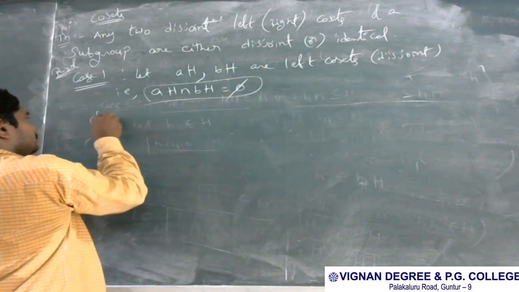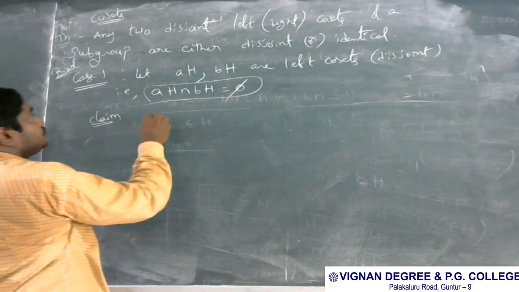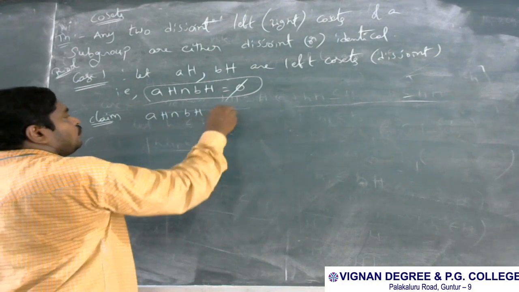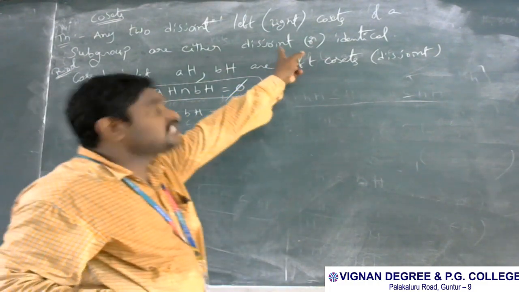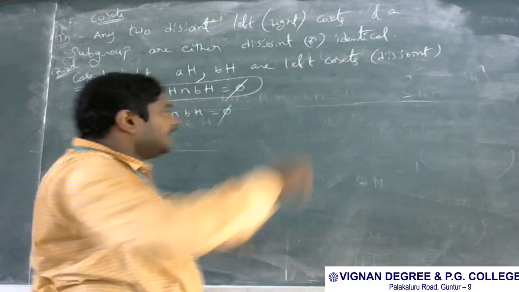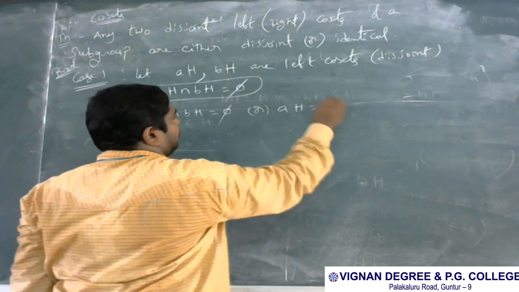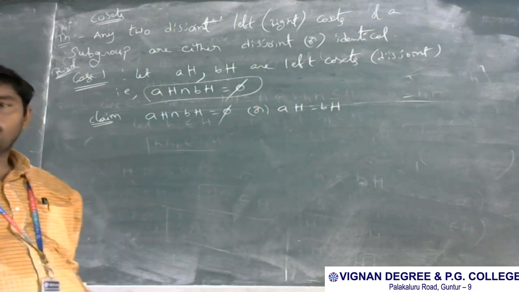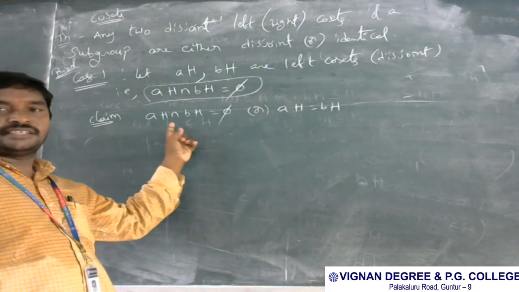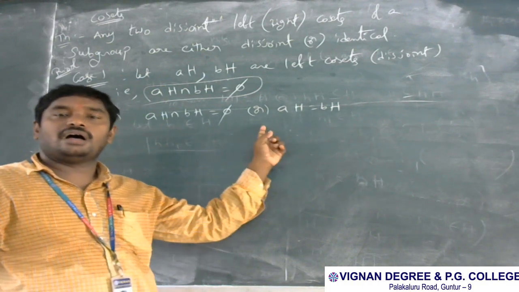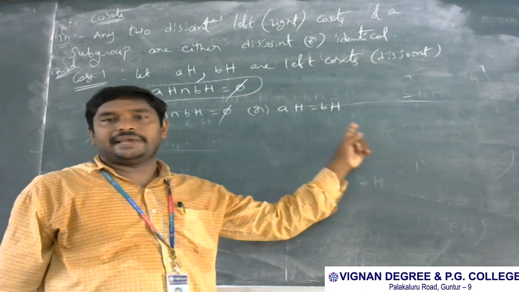Claim: AH intersection BH is equal to phi means disjoint, or identical means AH is equal to BH. We have to prove AH intersection BH is equal to phi or AH is equal to BH.